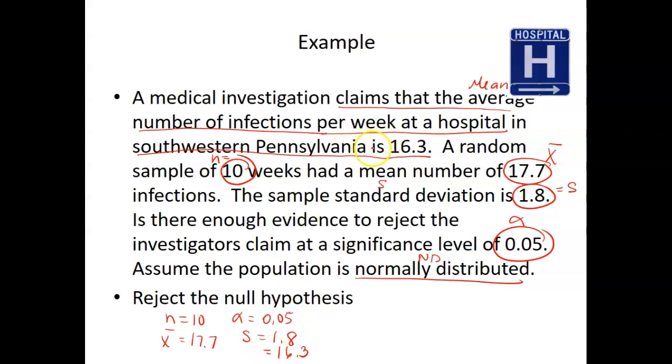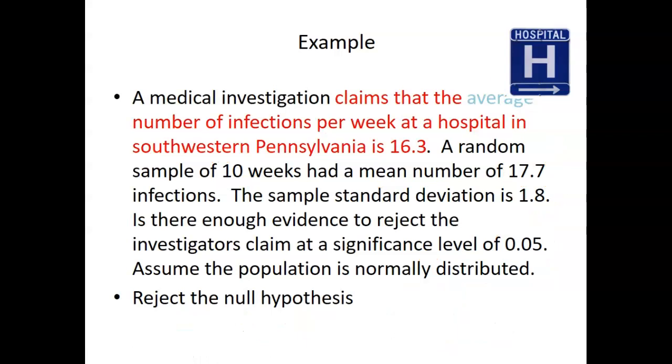Since that's coming from the claim, that's going to be our population mean, or mu. For our requirement check, we've got a simple random sample, and the other is that it's either normally distributed or n greater than 30. We are told that it's normally distributed, so we're good with that part. We're pretty much ready to get started here.